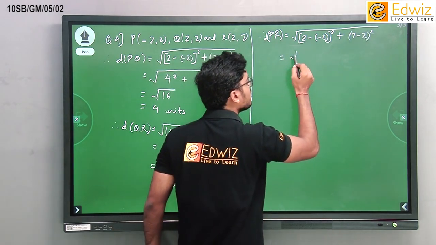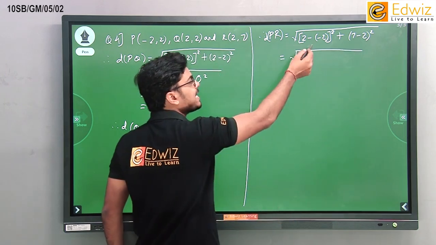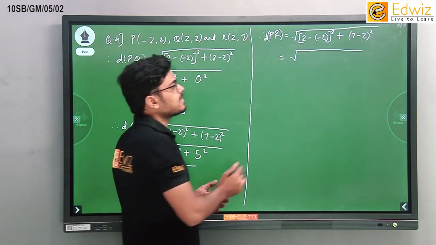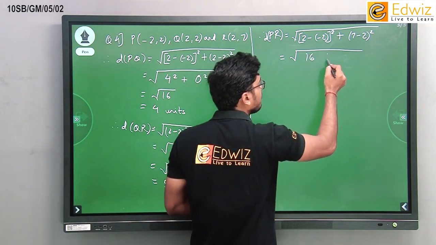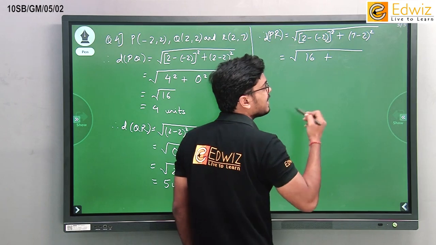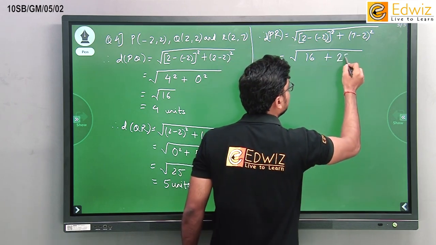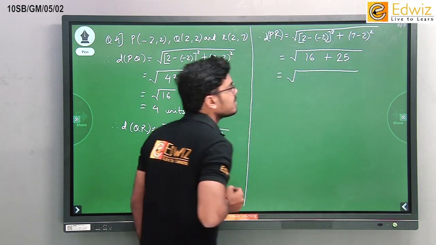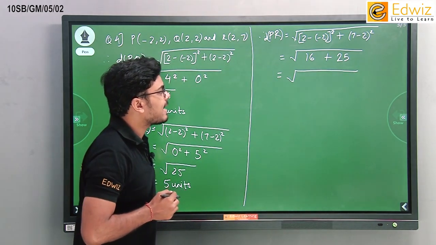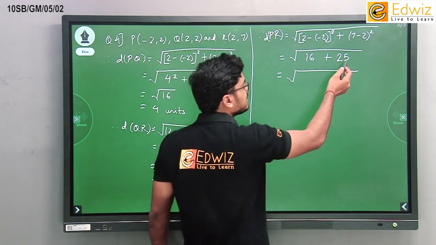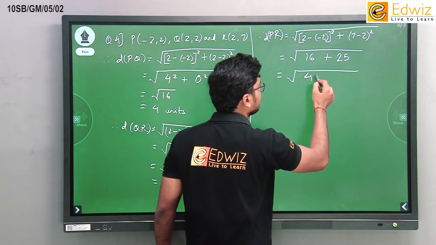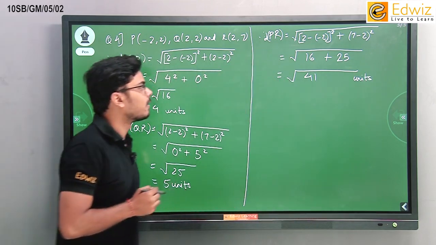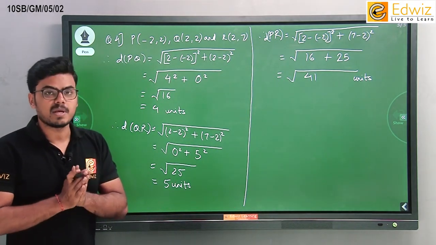This will be equal to square root of 2 minus -2. It will become 2 plus 2, that is 4. So 4 square is 16 plus 7 minus 2 is 5. 5 square is 25. Okay, this will be equal to square root of 16 plus 25. When we add this, we will get 25 plus 10 is 35 plus 6 is 41. Root 41 units. So this is distance PR.